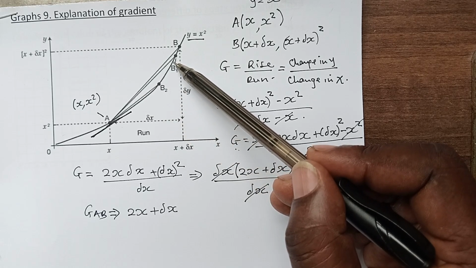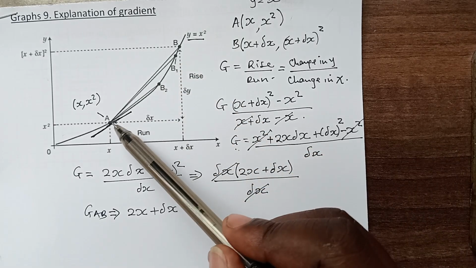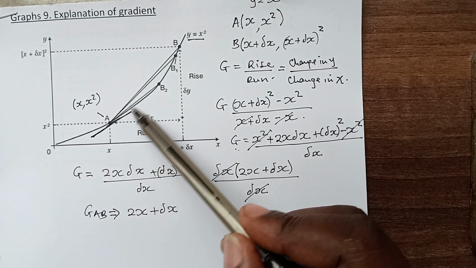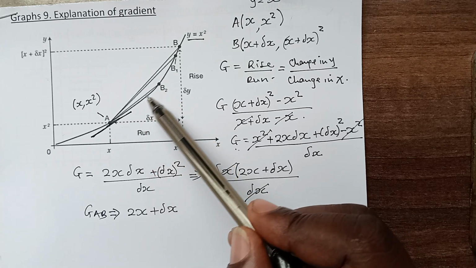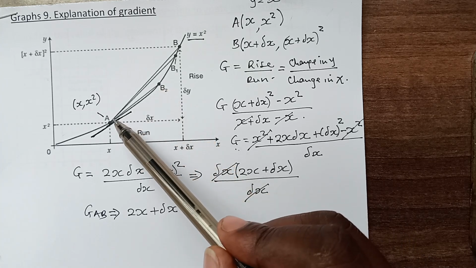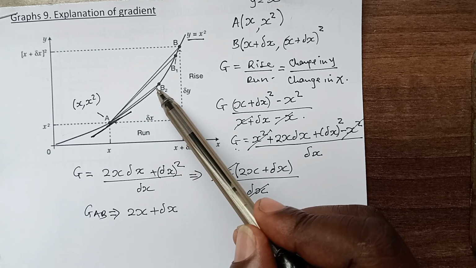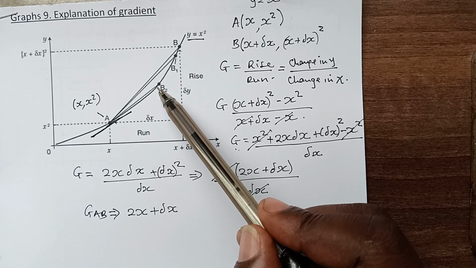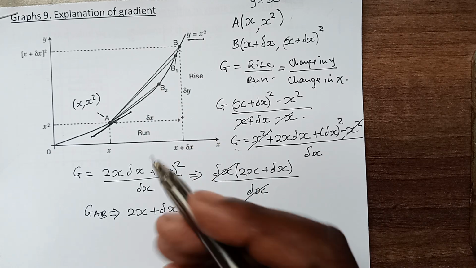If we continue changing now from position B1 to B2, you can see the line segment AB2 is a straight line that is joining A and B2, and the error, as you can see, it is there but significantly reduced.